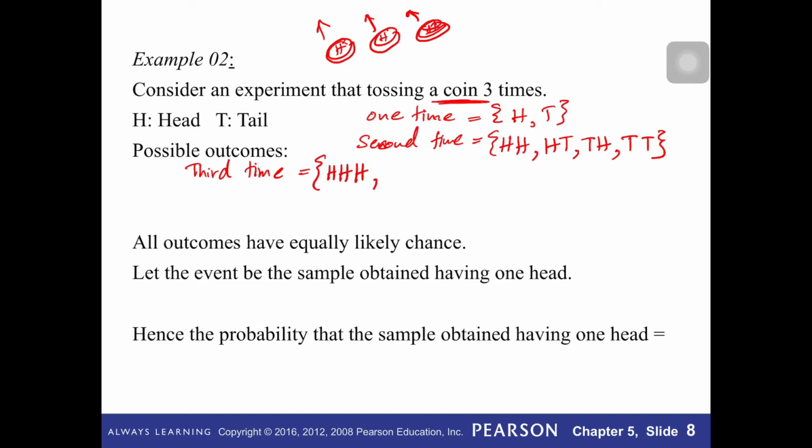We have only 3 flips. So first time head, second time head, third time tail. First time head, second time tail, third time head. First time head, second time tail, third time tail as well. Clear? Next, first time tail, second time head, third time head as well.